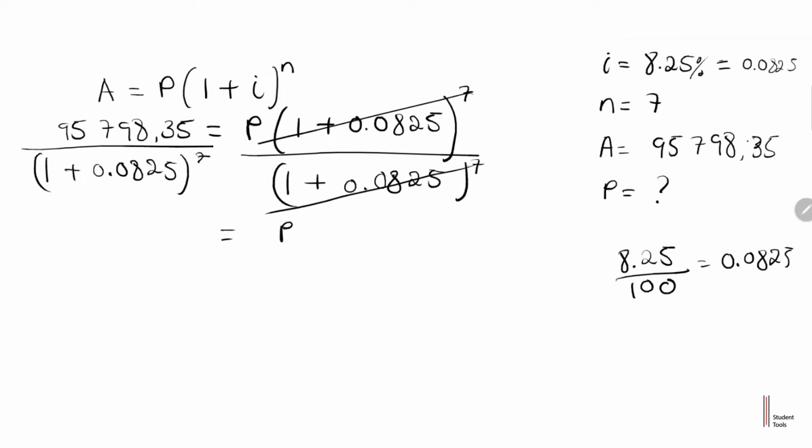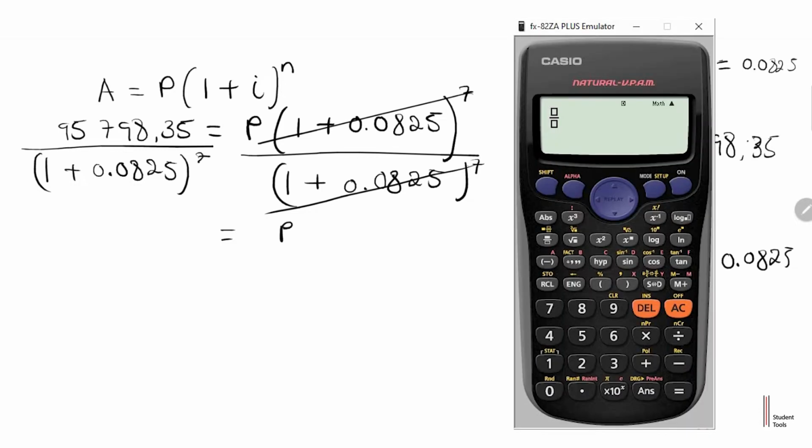So let us use our calculator to calculate this. Okay, so we have 95,798 and 35 cents divided by, open bracket, 1 plus 0.0825, close bracket, that is to the power 7.